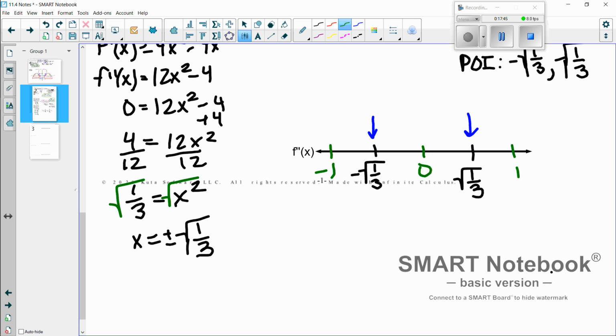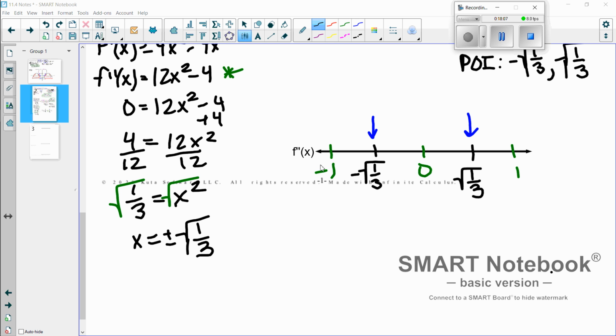Again, we're plugging back into the second derivative, which is right here: 12x squared minus 4. I'm going to refrain from doing this computationally and just talk through plugging in the values.